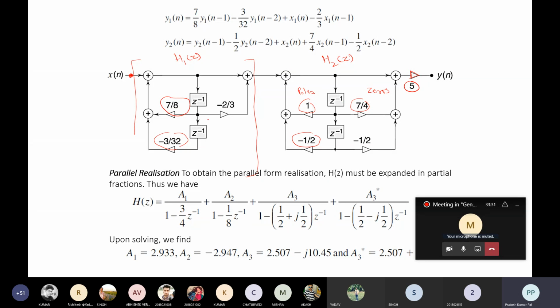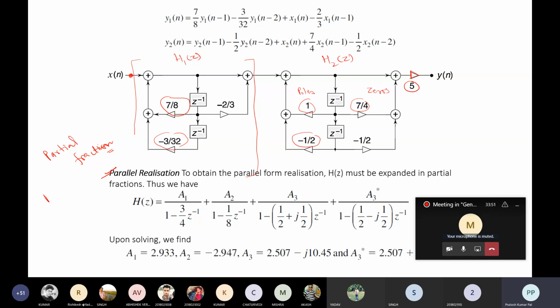Similarly, we can do the parallel realization. In the parallel realization, what we need to do is the partial fraction.